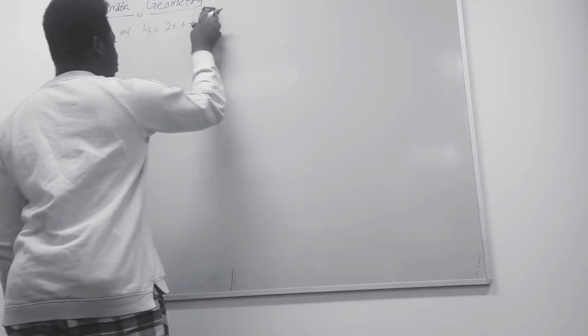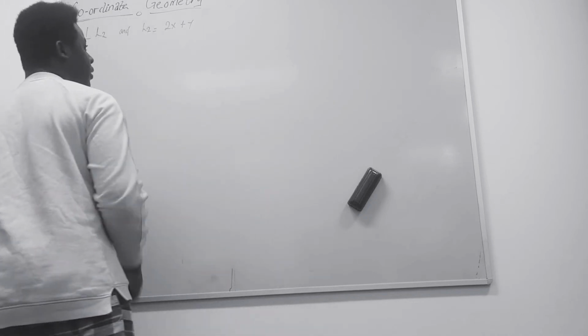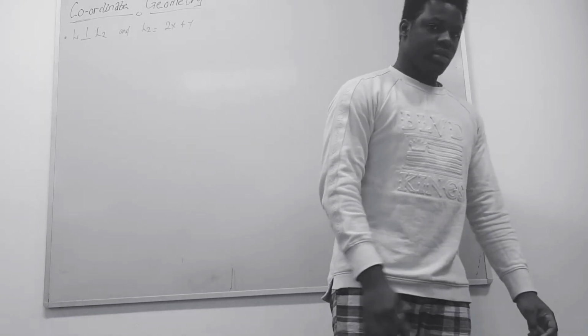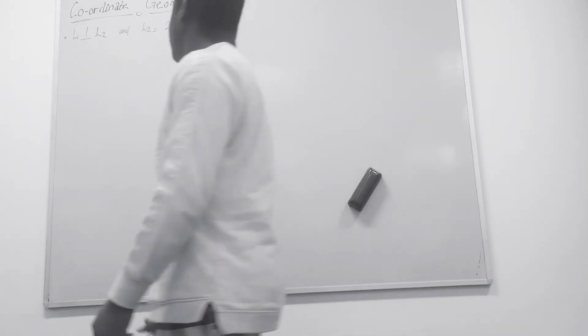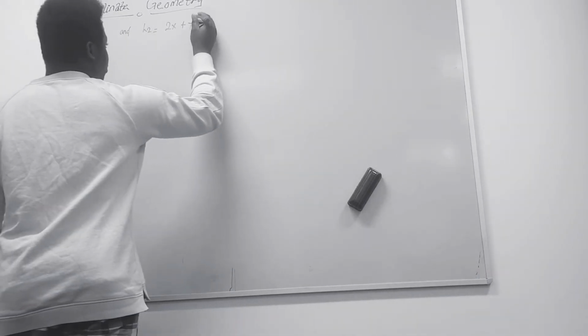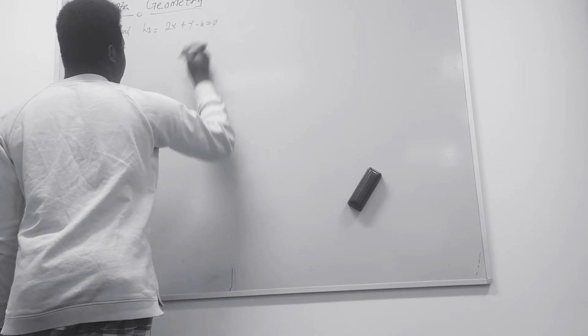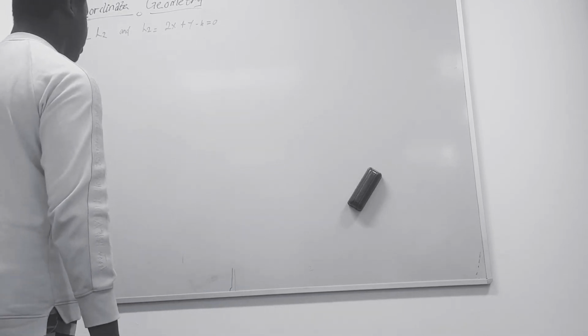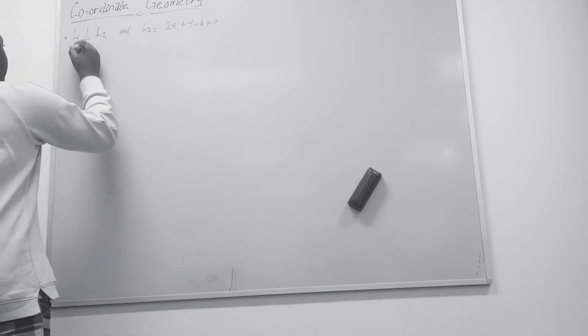Well, let me write it more explicitly. This is called the general form of the equation of a line: 2x plus y minus 4 equals 0. That's the equation of line L2.